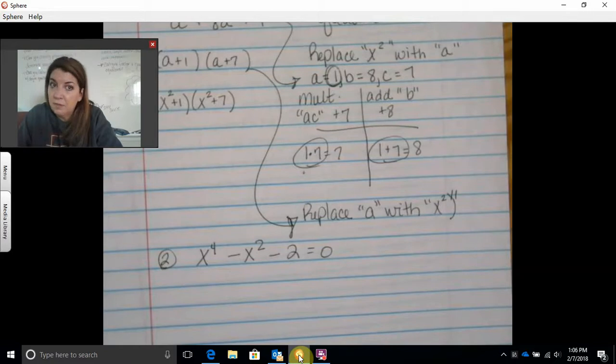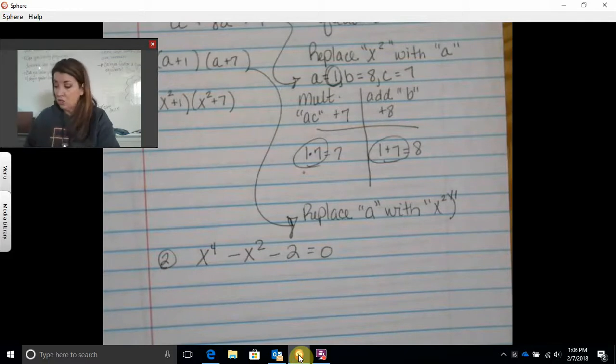No, it's got to have 4 terms before you can do that. Is it a difference of squares? Difference of squares is a perfect square minus a perfect square. Only 2 terms, first of all. No. Is it a difference of cubes? No. Is it a sum of cubes? No. Is it a quartic polynomial that we can rewrite as a quadratic polynomial?